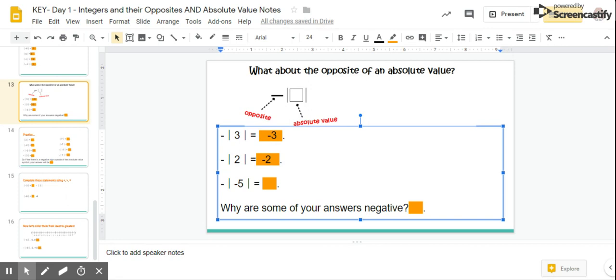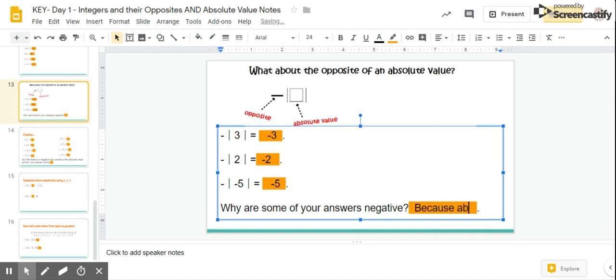The opposite of the absolute value of negative 5. We'll do the absolute value part. The absolute value of negative 5 is positive 5. Then the opposite of that is back to negative 5. So why are your answers negative?